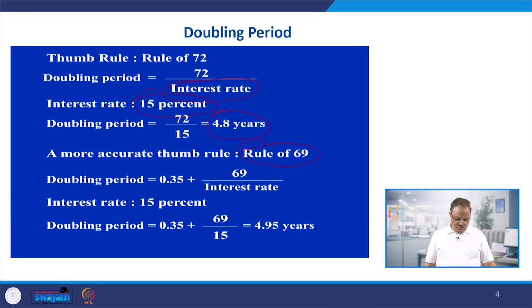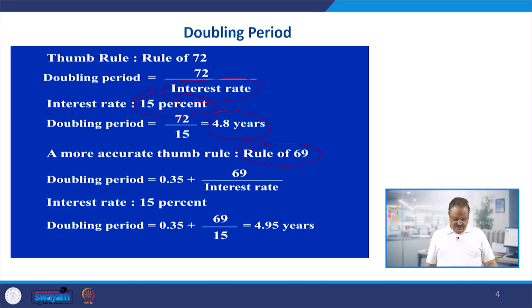You can use this rule of 69 also, and calculate in how much time your investment is going to double given a certain interest rate, and this is a more precise estimate as compared to the rule of 72. So in this case the formula is 0.35 plus 69 divided by the interest rate.